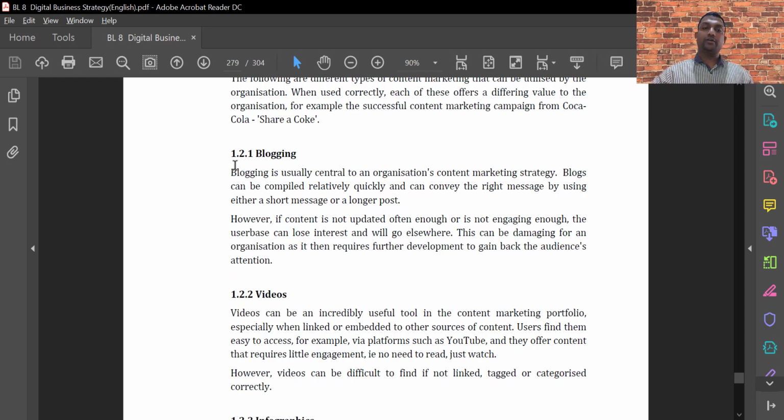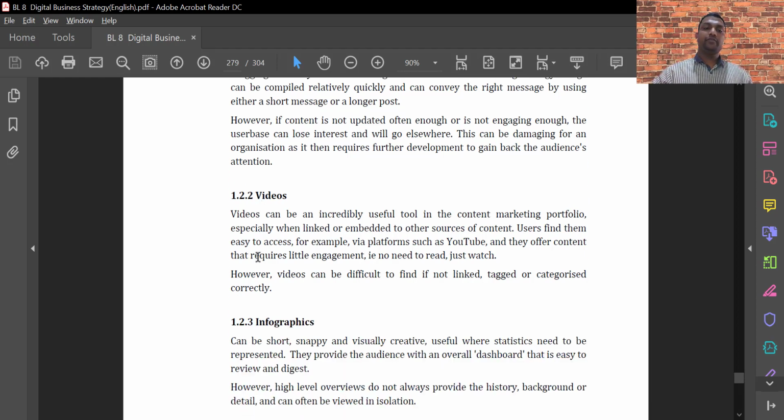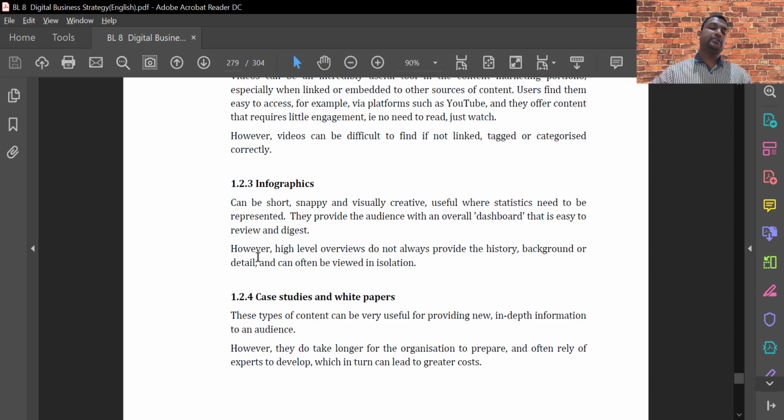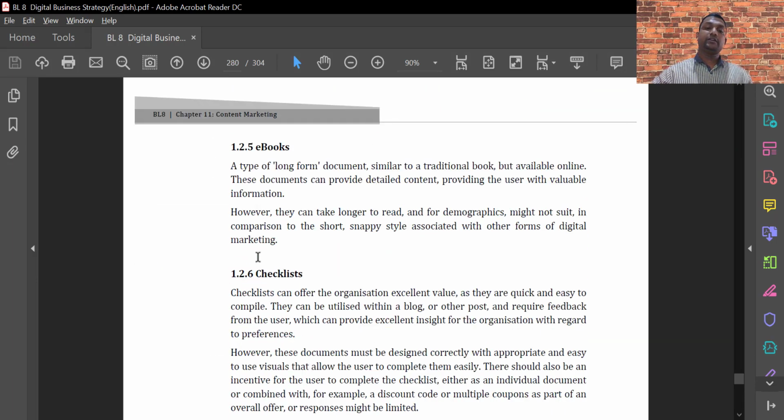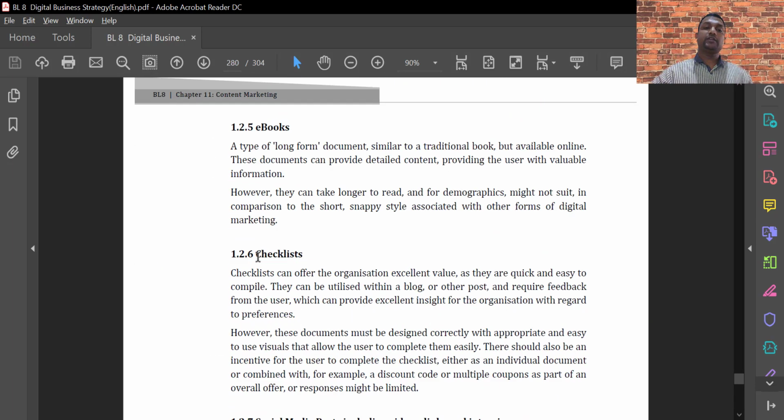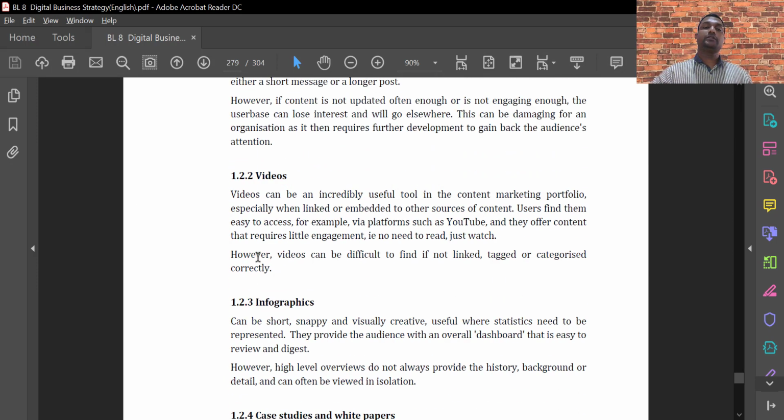First one is blogging, which is a very useful tool for organizations where they can have their content written in a nice manner, and this can be done quickly as well. This can be a long or a short post, with other information, and videos, infographics, case studies, white papers, ebooks, things like that are also possible.